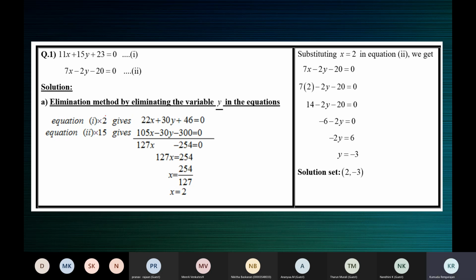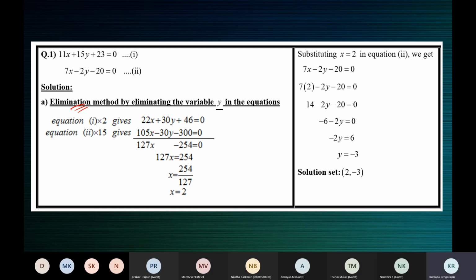Now, elimination method, as the name suggests, is finding the values of x and y by eliminating one of the two variables. In both the equations, we have the two variables x and y. Elimination method means eliminating one of the variables and finding the value of the other.